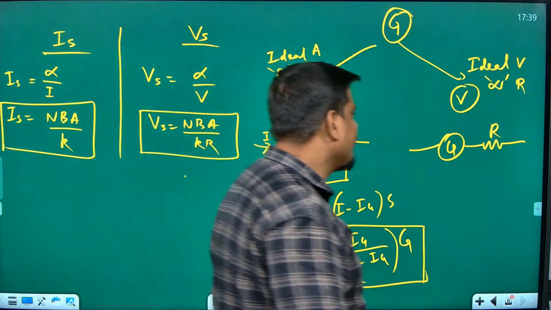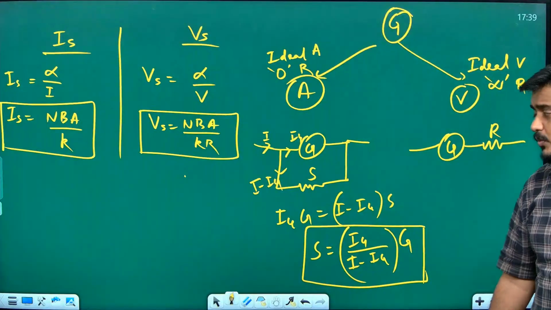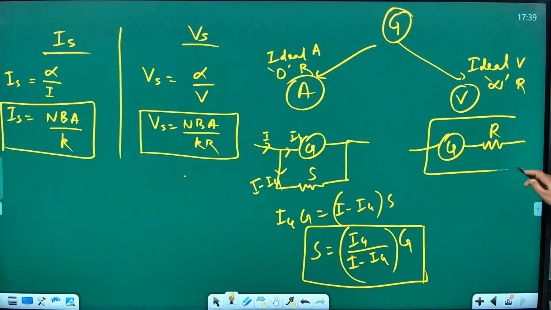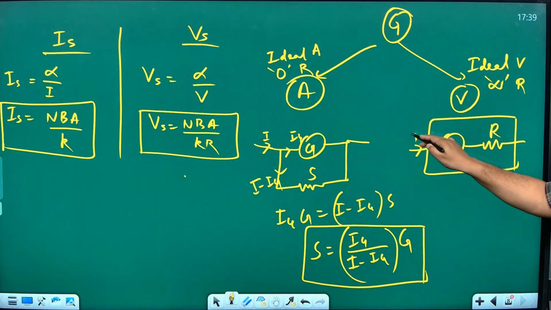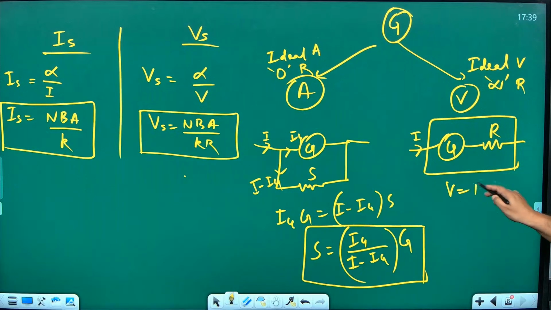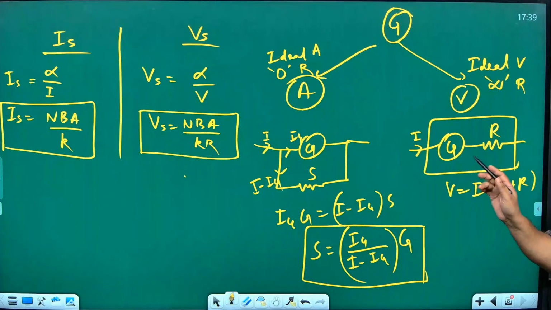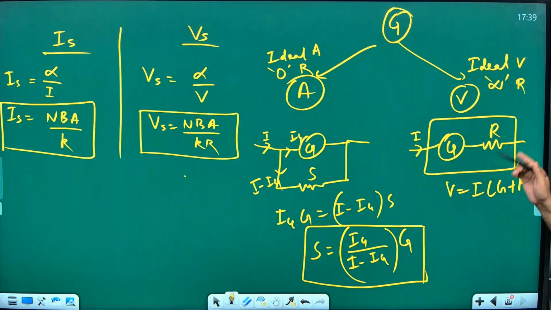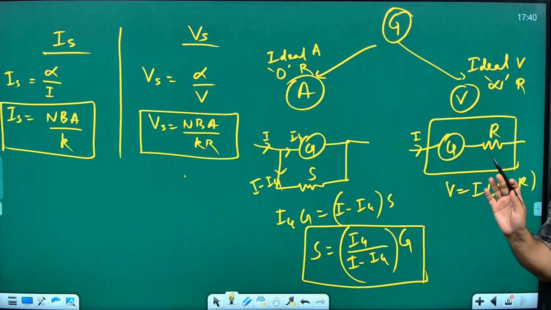Same way, if you want to convert a galvanometer into a voltmeter, then you add a high resistance in series, and for that, what is the formula we're going to use? See, what is the current entering? I. So the potential drop will become equal to I into (G plus R), isn't it? Here I am taking G as the resistance, not the galvanometer constant. Here I am taking capital G as the resistance of the galvanometer.